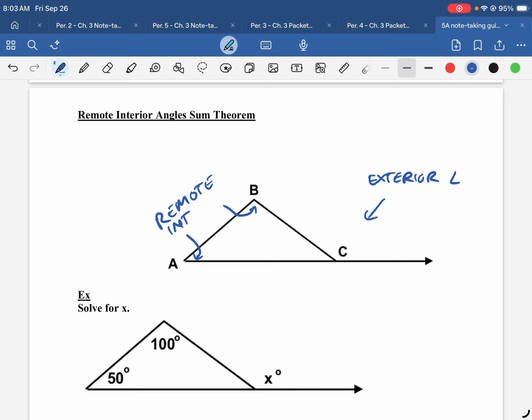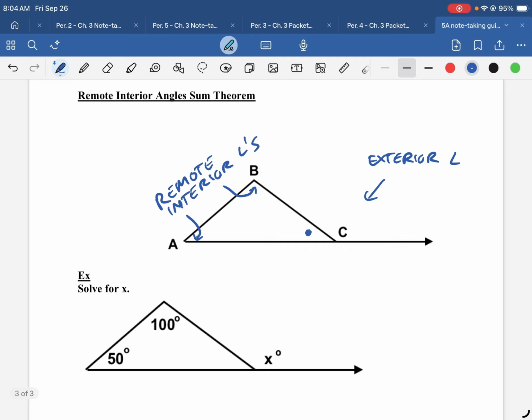And what I mean by that is that those angles are the ones inside the triangle that are farther away from that exterior angle. Okay, this one where I'm putting a little dot, that would not be remote because it's right next to the exterior angle. But the other two are farther away, okay? So here's what the remote interior angle sum theorem says.